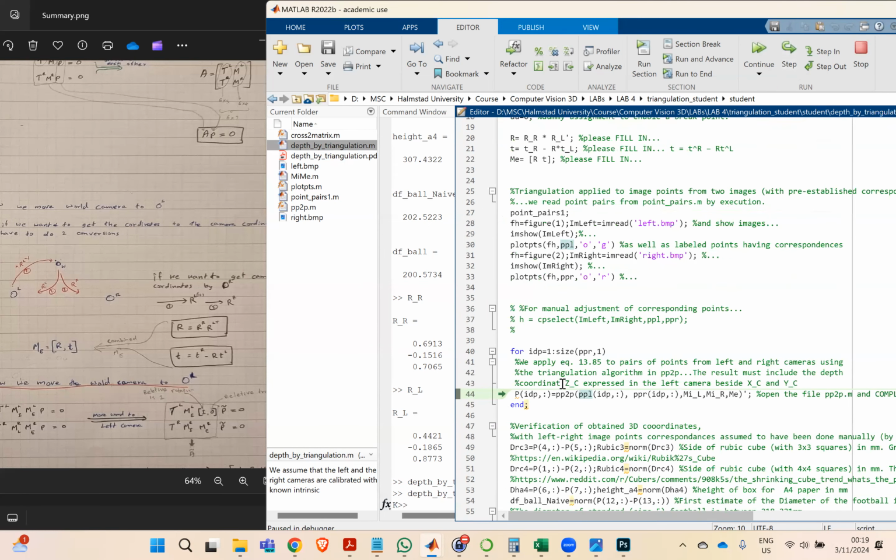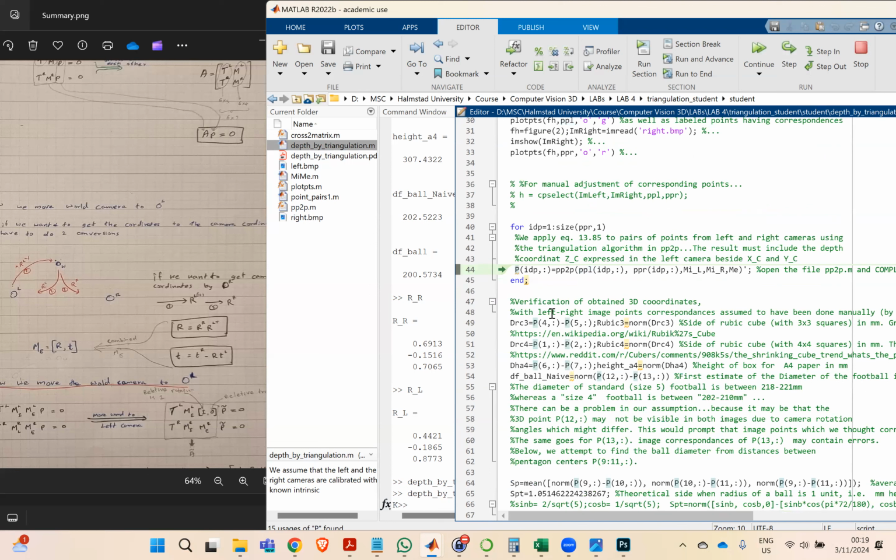Okay. Now the hard part of the lab is done. I will run everything up to here. Okay. Now we take the norm between point 4 and point 5. The points 4 and 5 we'll assign into a variable called DRC tree, and we take the norm.